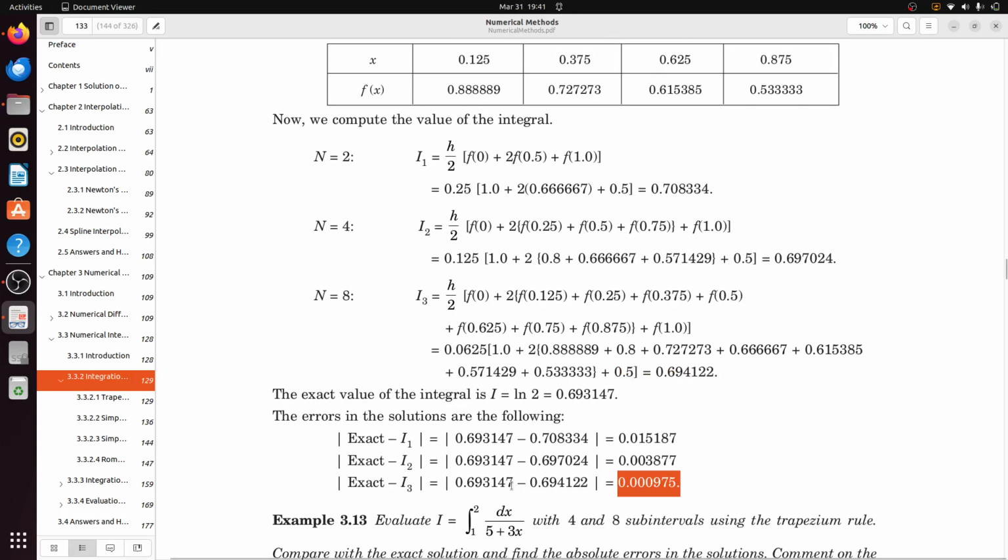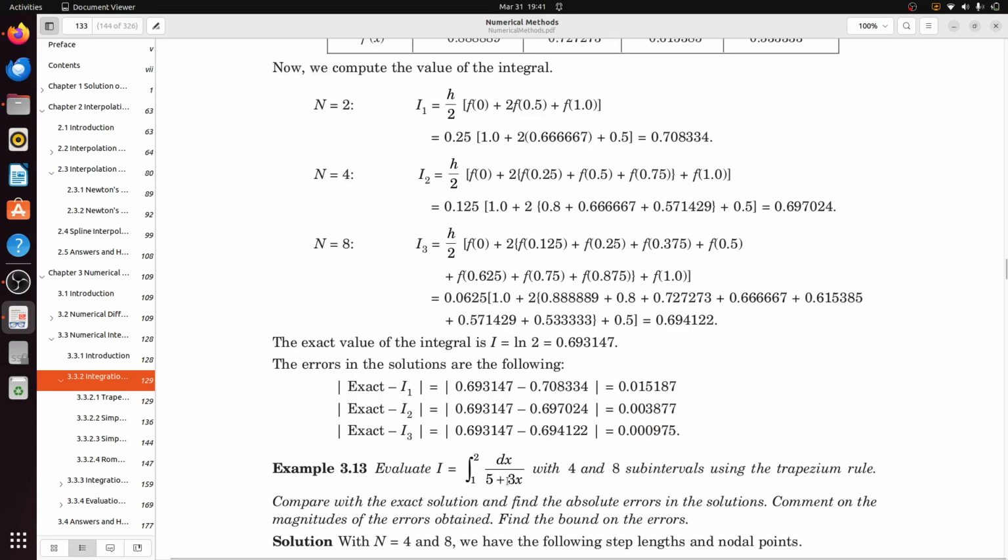The next problem is you need to evaluate the integral from 1 to 2 of dx by 5 plus 3x with 4 and 8 subintervals. I will just solve it for 4 subintervals. That means you need to break it like 1 to 1.25, 1.25 to 1.5, 1.5 to 1.75 and 1.75 to 2.